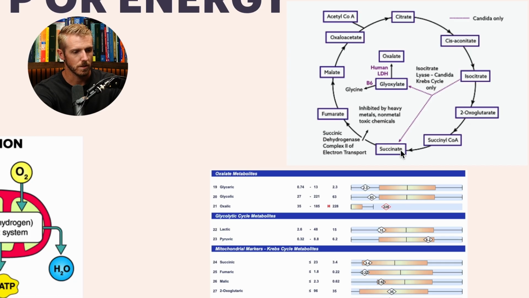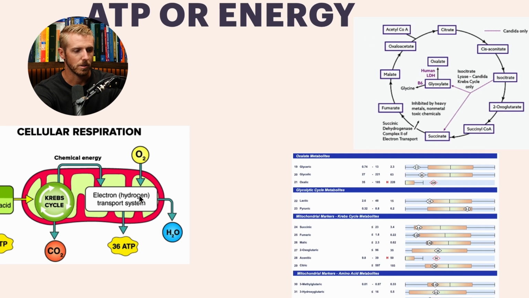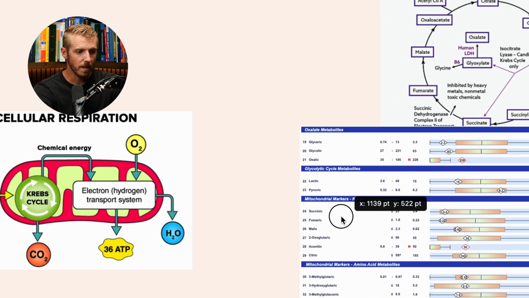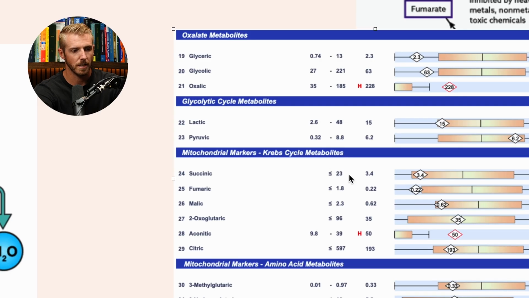And what we see is the Krebs cycle running efficiently. Then what happens is we spit out something called acetyl-CoA. Acetyl-CoA goes into our electron transport chain, and it produces ATP or energy. Well, if we look at these markers down here, these are mitochondrial Krebs cycle markers. So we can see, if we have enough, how that Krebs cycle is running.